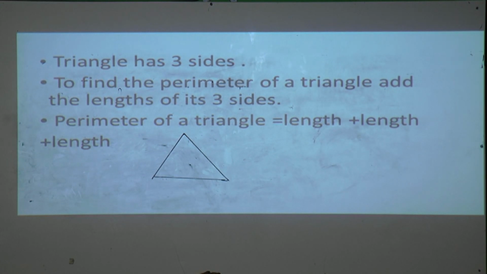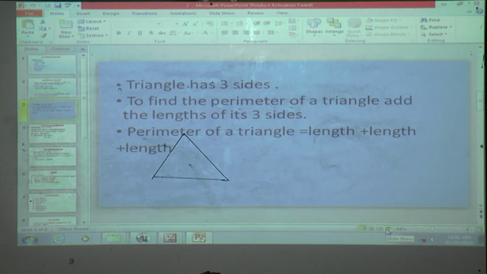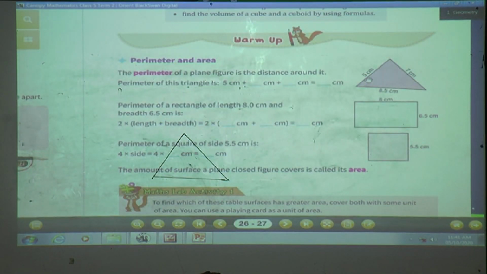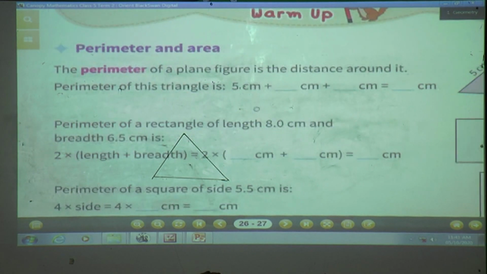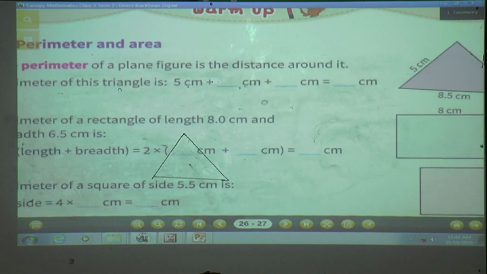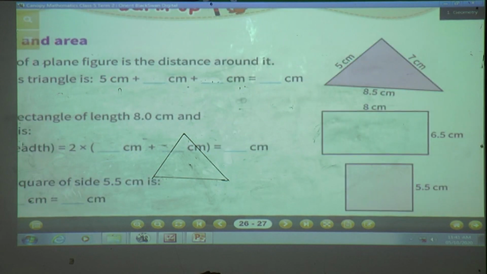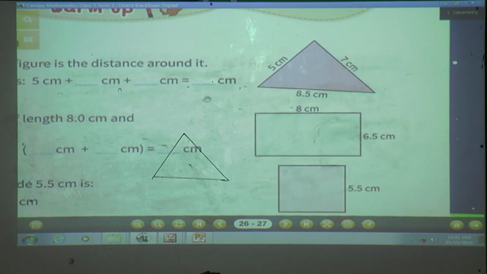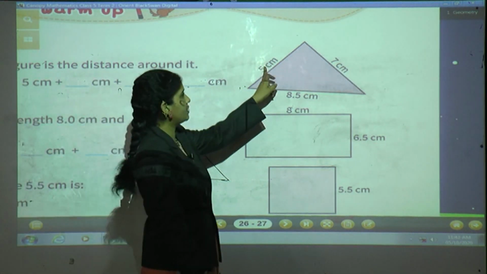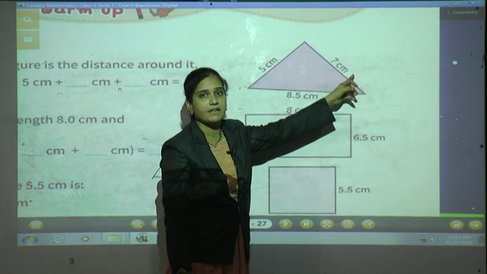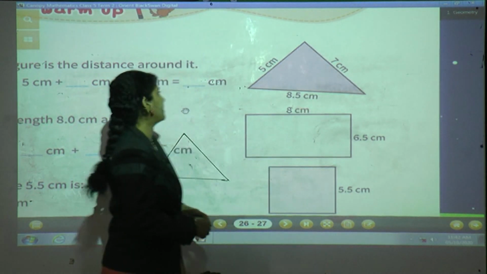Here in the textbook they have given us one example. Perimeter of a plane figure is the distance around it. For the perimeter of the triangle, they have given us the measurements of three sides: 5 cm, 7 cm and 8.5 cm.